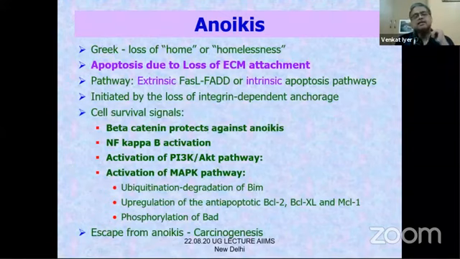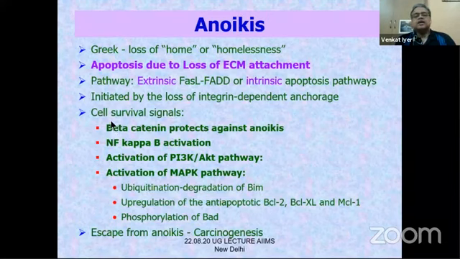It's important in your topic of malignancies and neoplasia that you always have cell survival signals. Beta catenin, for example, is an intracellular as well as an extracellular molecule, and it protects against anoikis. If there is detachment, beta catenin signals promote apoptosis.